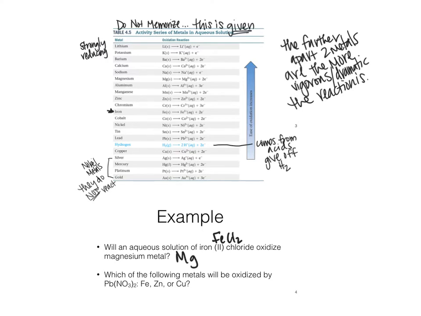When we look at this, we can see the Fe iron, which is noted, and the magnesium is up here above it. So we learned that metals will be oxidized by ions of metals below it. So our final answer here is yes, due to location.